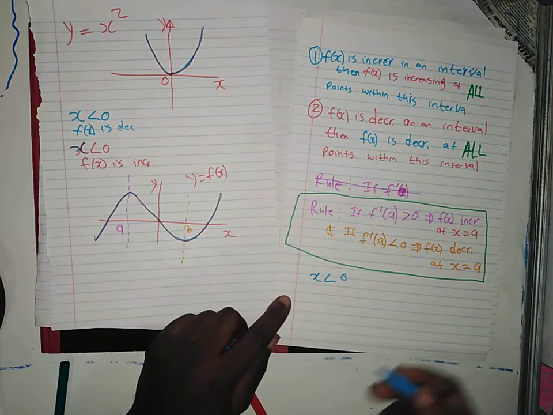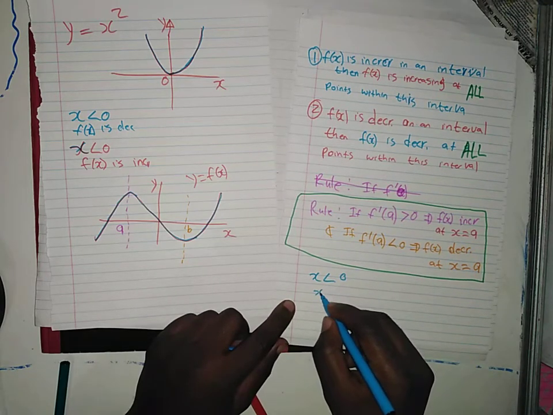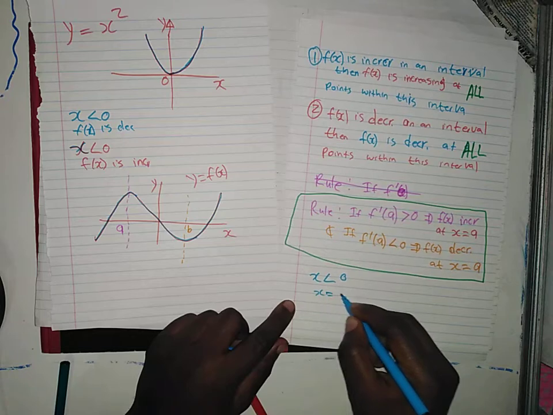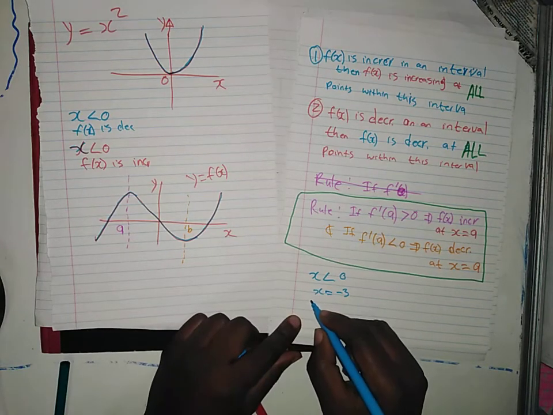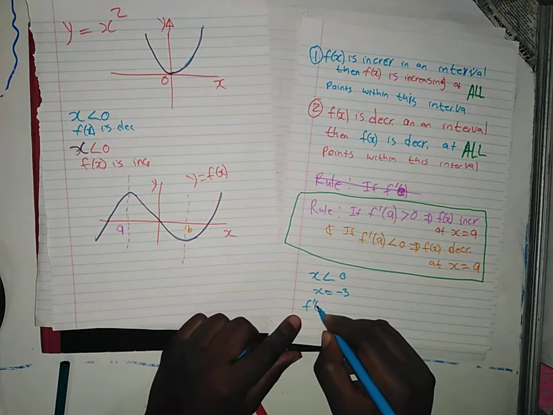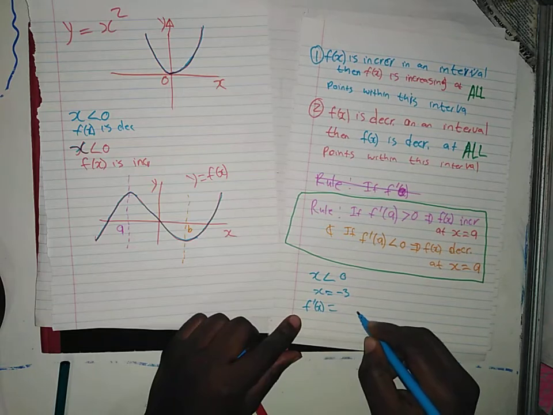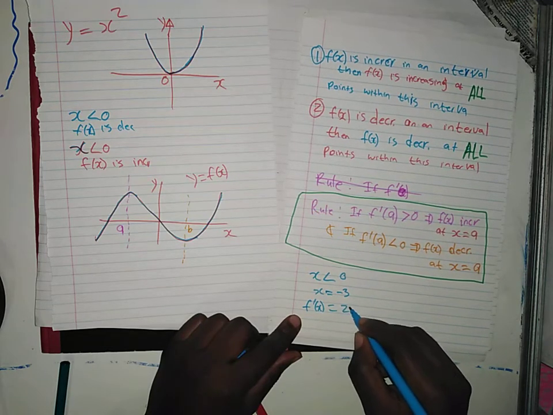Let's pick x equal to -2. Okay, let's say -3. We can pick any, it doesn't really matter. So let's find f prime at x here. Can you see f prime at x is equal to 2x?